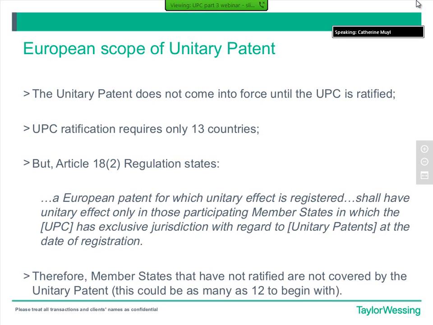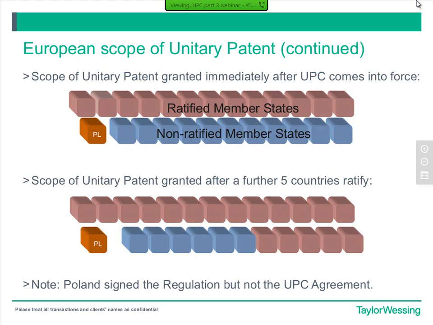The consequence of that rule is that the unitary patents will have different geographical scopes depending on when they are granted. And this is what is illustrated on the next slide. On this slide, each little cube represents a country. When the cube is pink, this means that the country has ratified the UPC.